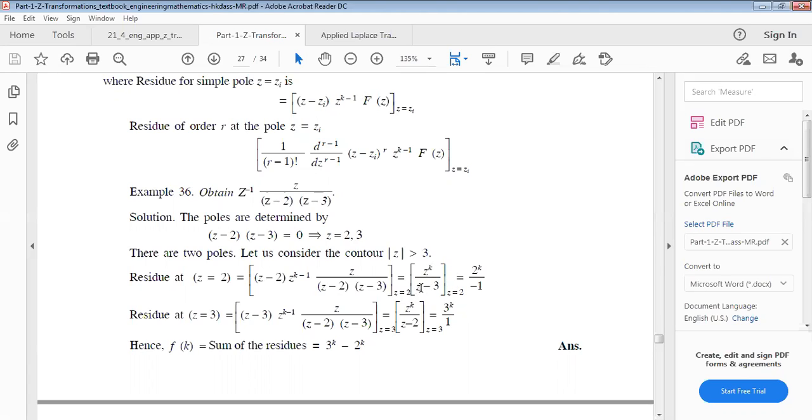Putting z = 2, 2 - 3 is -1, so the residue is 2^k divided by -1.